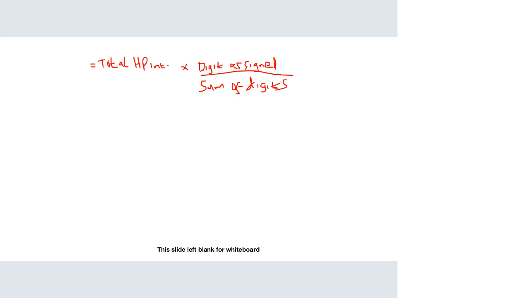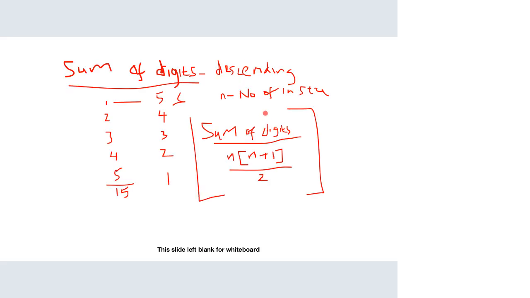For the sum of digits, even if you don't use this formula, it will give you the same thing that I've shown here. But if you have, say, 20 years, the first method may not be practical.